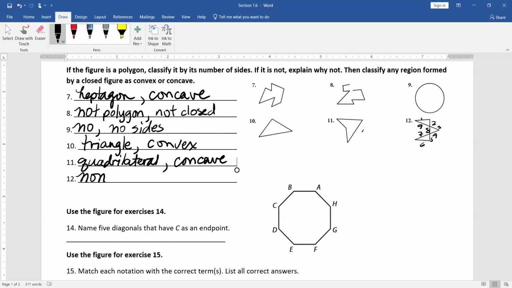It tricked me. Sorry, I'm definitely done for the day. There's the problem with this one. This one is not a polygon because it crosses over. It has to be a simple curve made of line segments that is closed. So no, not a polygon because it's not a simple curve.